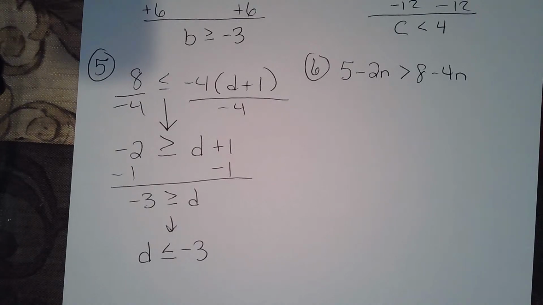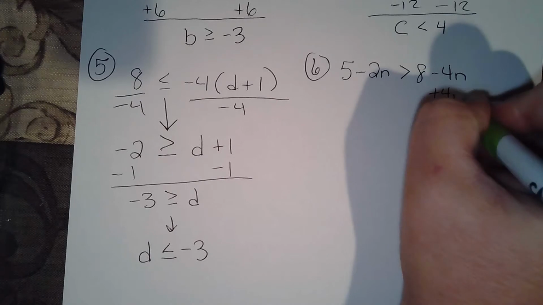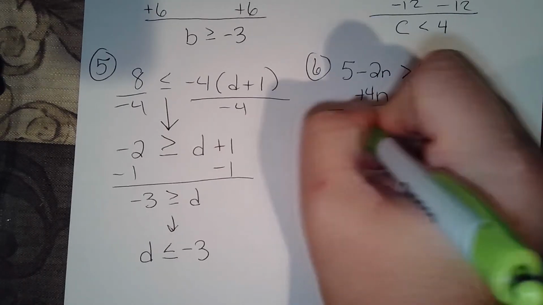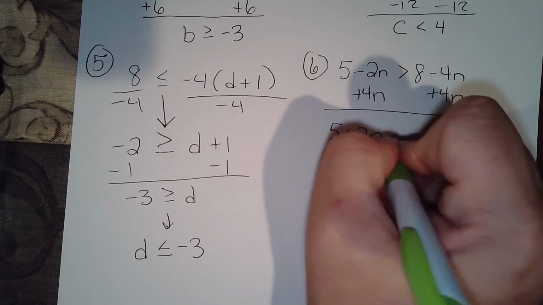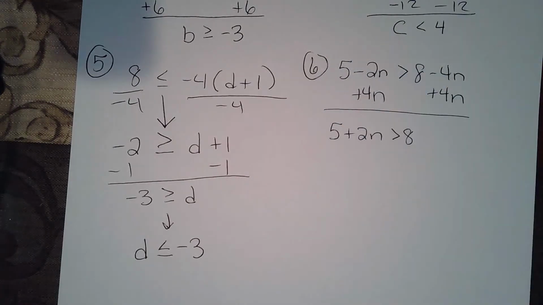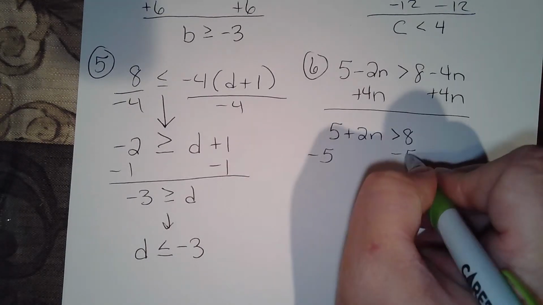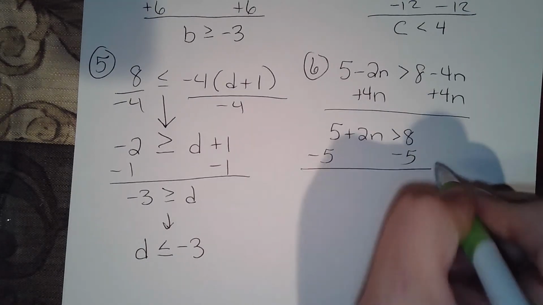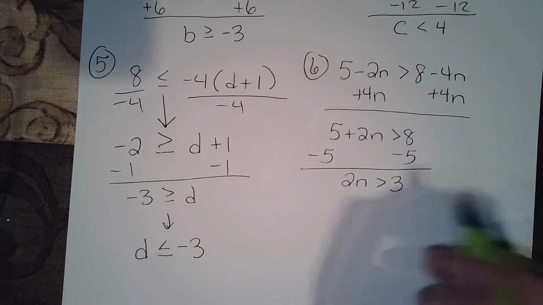Negative 4 is technically smaller, so I'm going to add it across so that I get 5 plus 2n is greater than 8. I'm now going to subtract 5 across so that we start isolating the n. And then the last step, of course, is divide by 2.